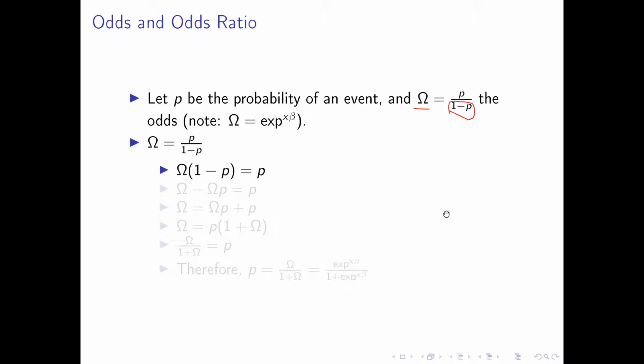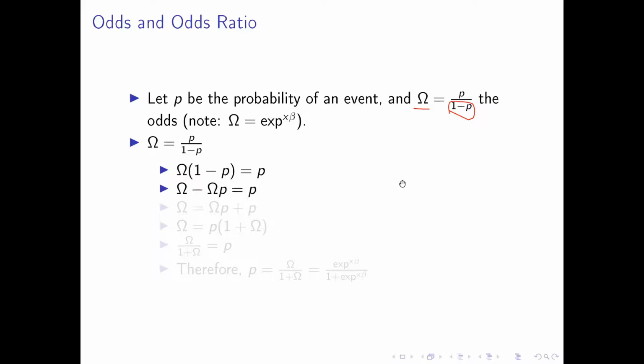So what I did was to multiply both sides by 1 minus P. So the left-hand side becomes odds times 1 minus P, and the right-hand side becomes P, right? The 1 minus P cancels out.